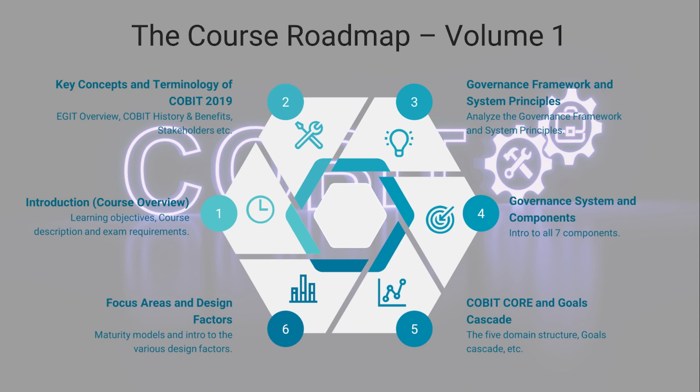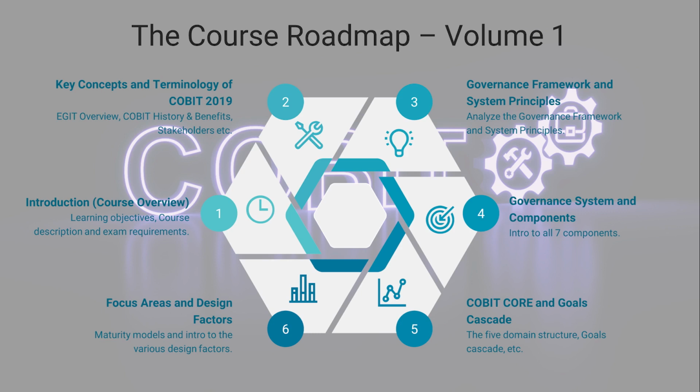We'll then move into section 3, which is about the enterprise governance of IT principles. Within the principles, there are 2 sets of principles, which are the system and the governance framework principles. We'll explore each of these principles and try to analyze how they apply to an organization's enterprise governance of IT.